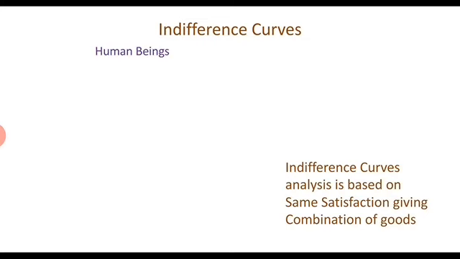As human beings, we have wants. These wants are fulfilled with goods and services. Every consumer has a scale of preference in satisfying his wants.